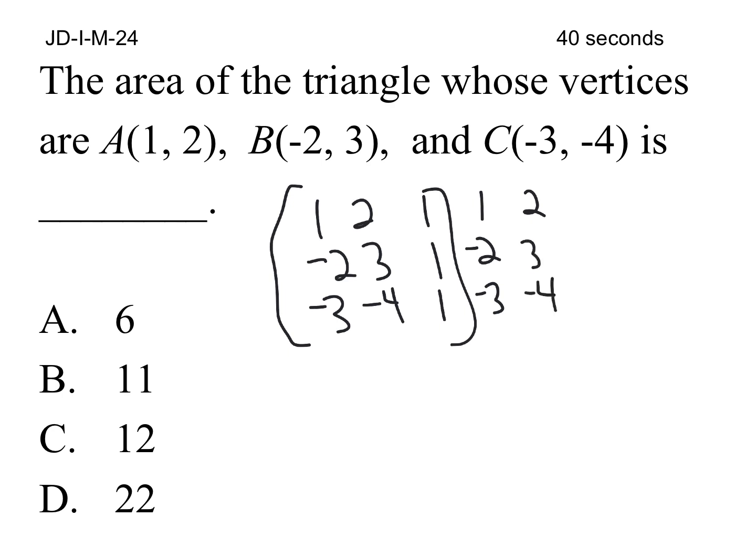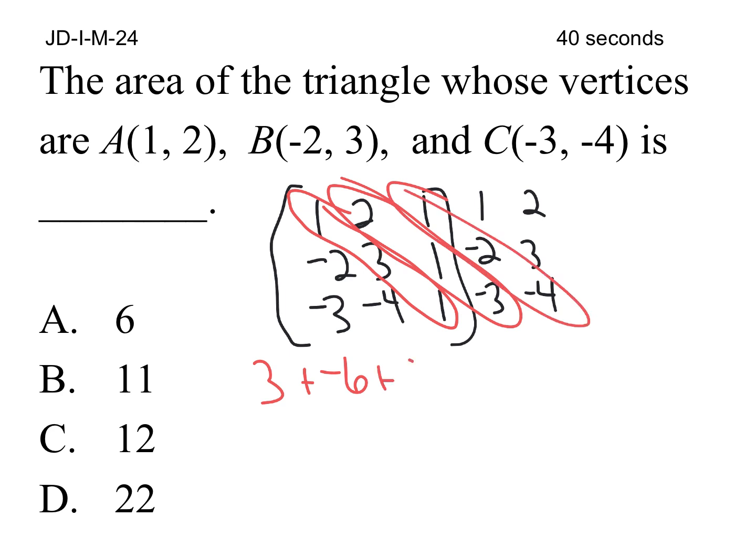Okay, then we just got to look at our diagonals. So we're going to start going down. So 3 plus -6 plus 8.